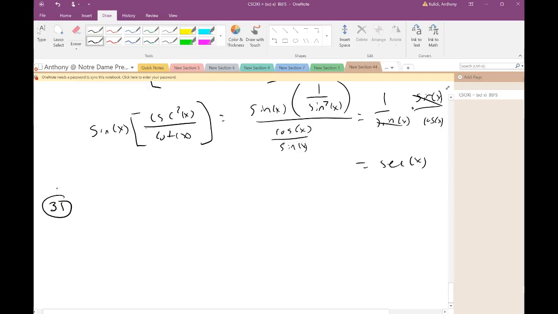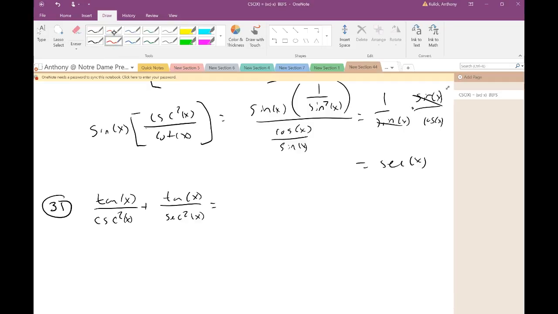Next one is 31, right? This is still the same set of directions, I believe. Correct? Okay. So the directions said to use sines and cosines, right?